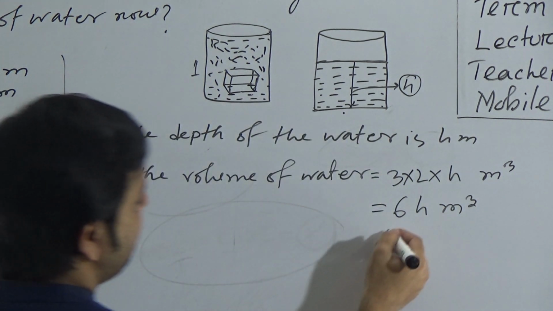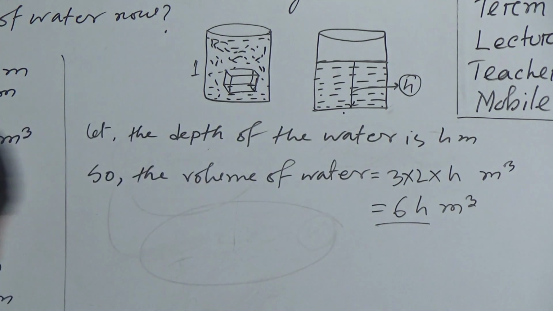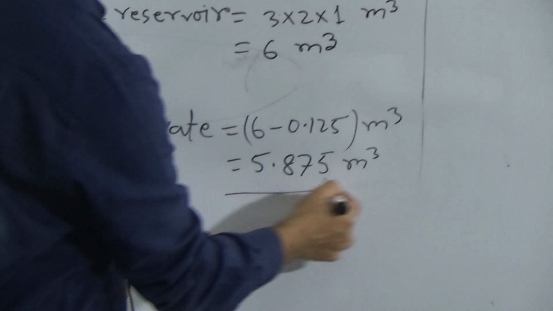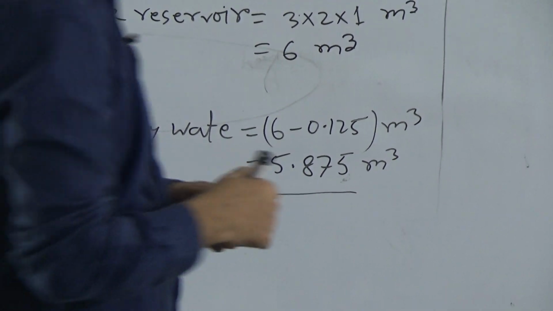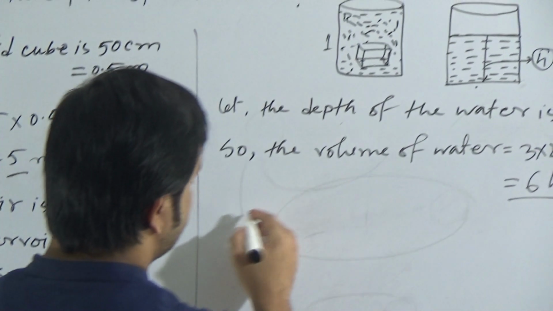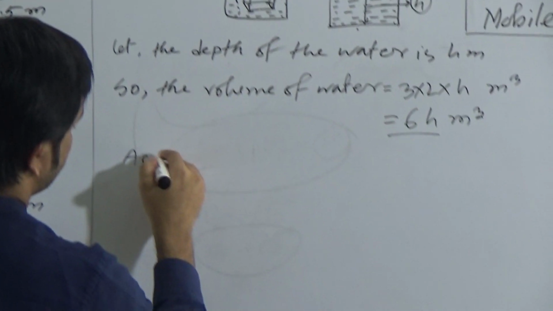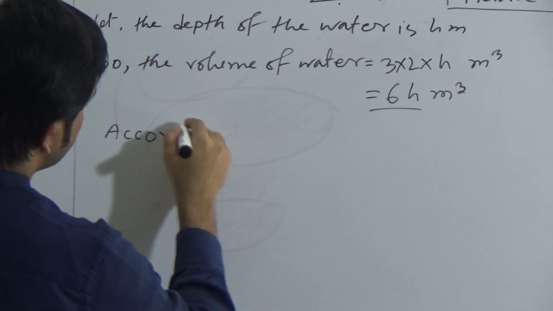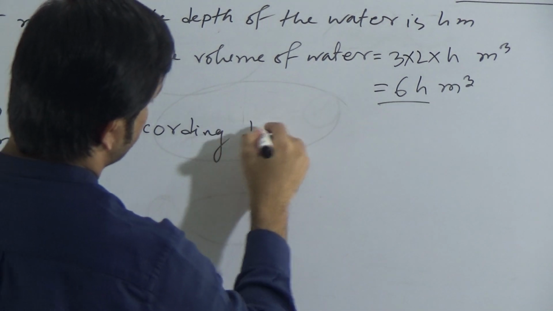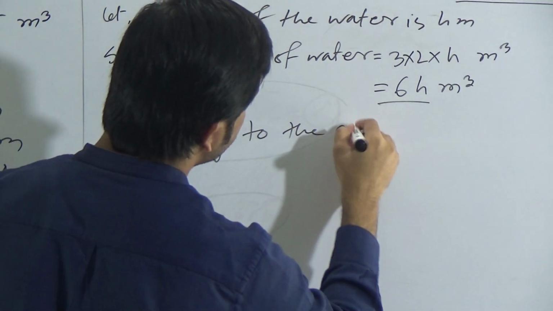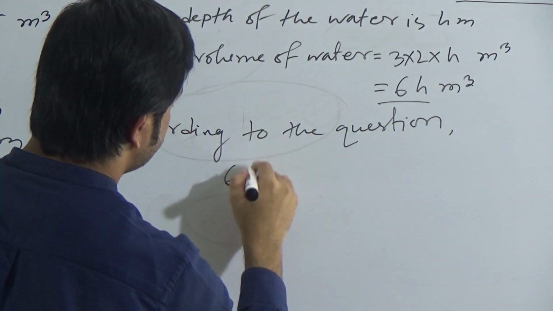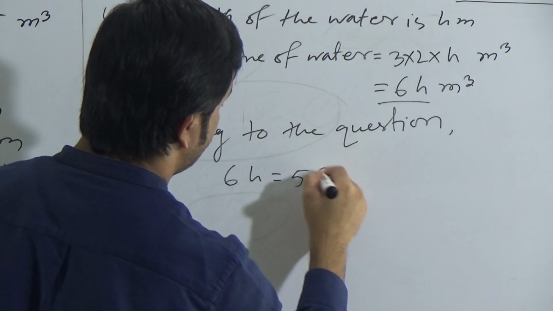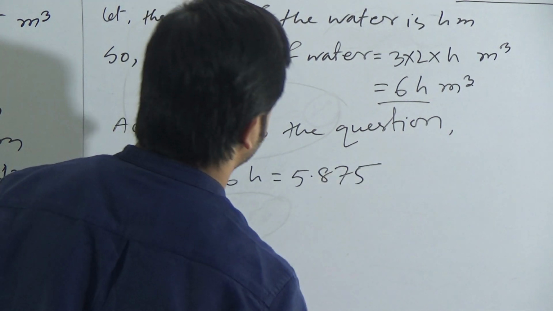Dear students, now see, this is the volume of water and in this part this is the volume of water. So we can say these two are equal, so we can write here according to the question. According to the question, 6h equal to 5.875.